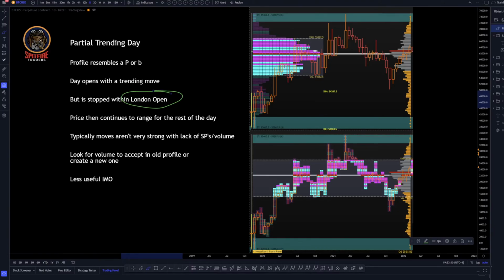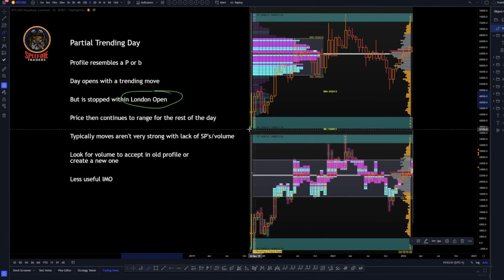Now, the other part of this, and this is why it's not a full trending day, and we'll look at a trending profile later on, is because we've got no single prints. This is quite a big thing, and again, this is why these profiles aren't great.